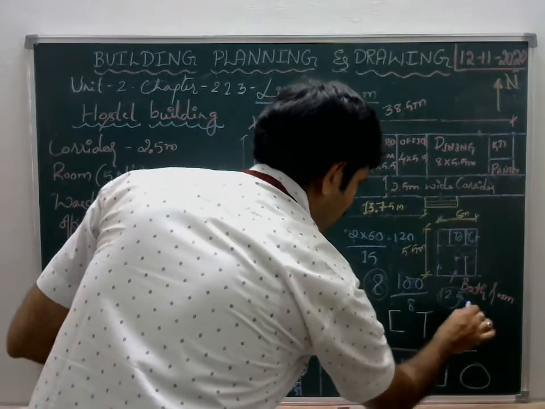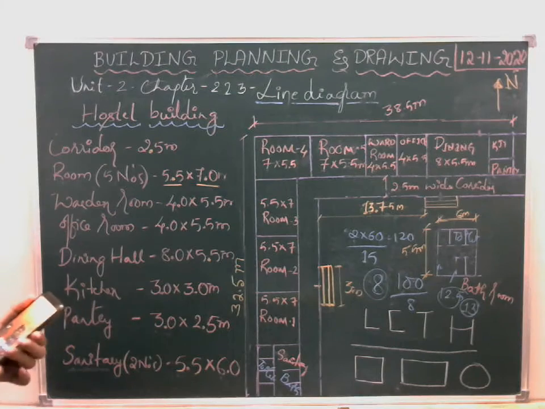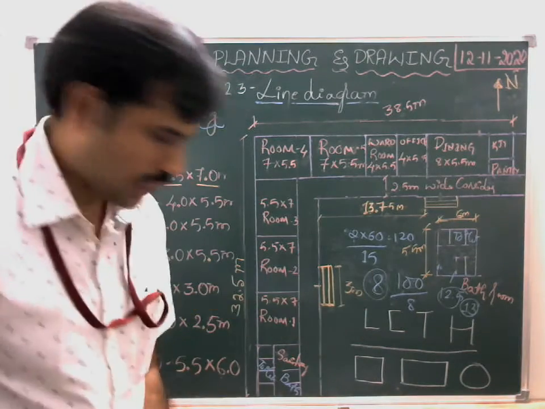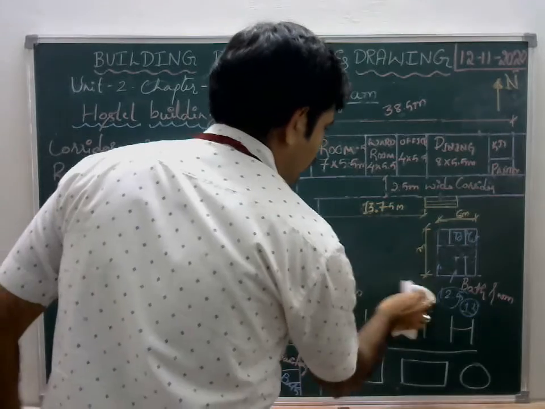I will take this as 13. So that means if you want to accommodate 100 students, you require 13 toilets. So this is a basic calculation and a very simple calculation. Okay.